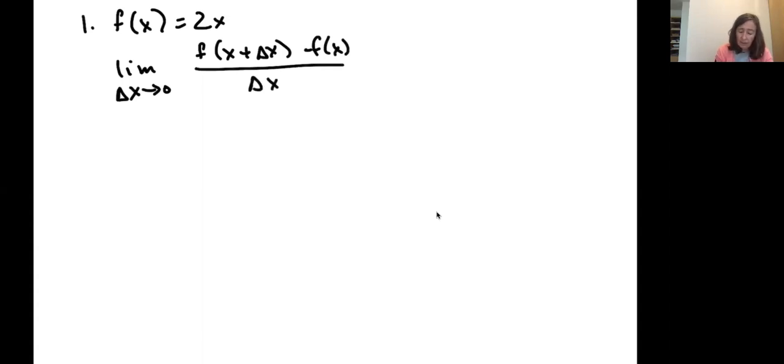Okay, so now I'm going to substitute what f of x is. It's 2x. Okay, so f of x plus delta x is 2 times x plus delta x minus f of x is 2x.